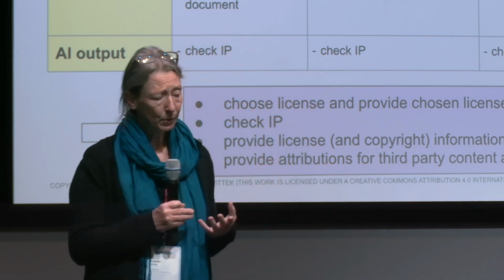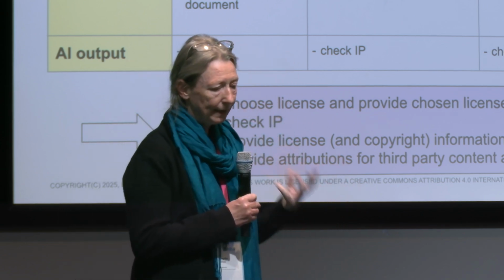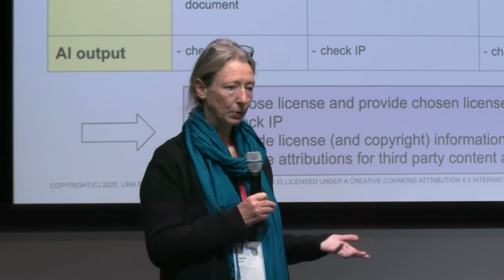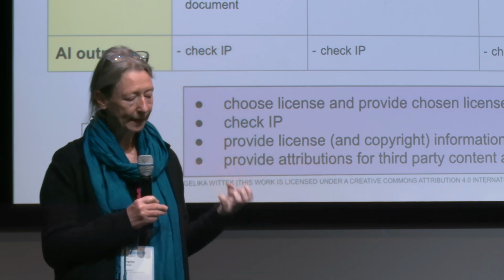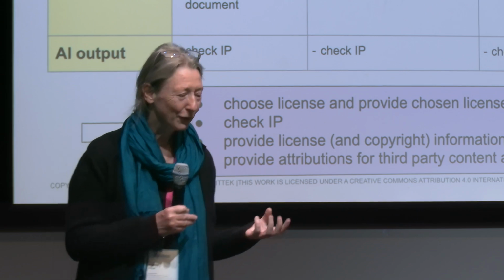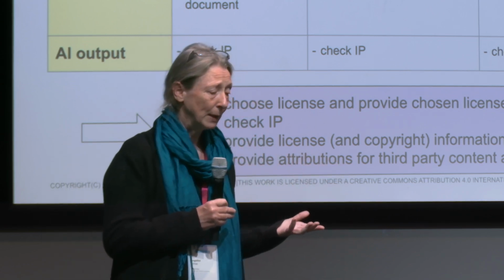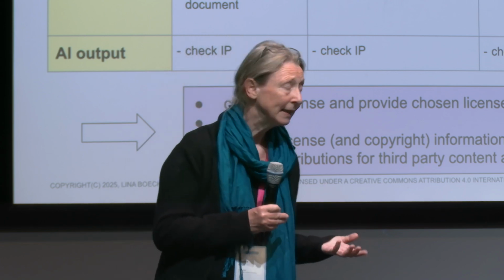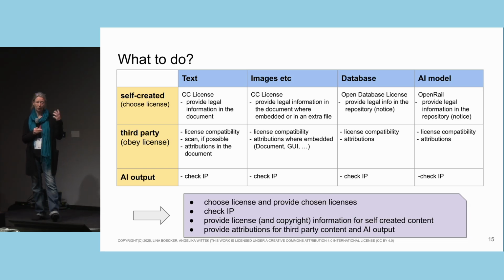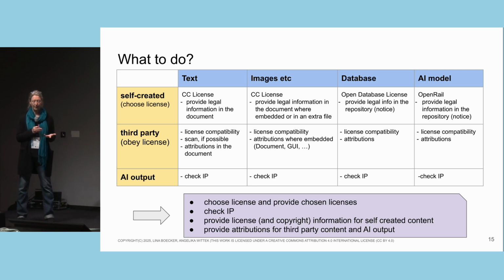What is also very important, always put the information in the documents, not only in your repositories, because it has to be available for the user who has the document. And when it comes to web pages or graphical user interfaces, it's the same. You have to have something in your help section or extra section where you list your attributions and your legal information.